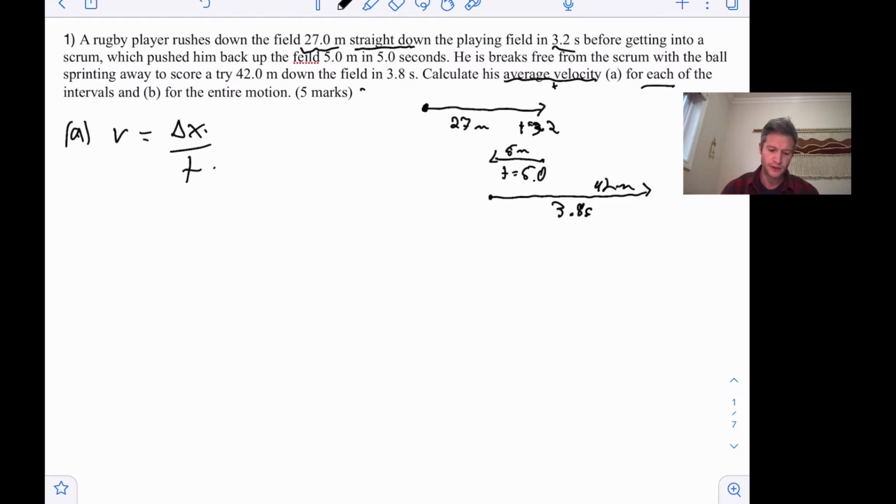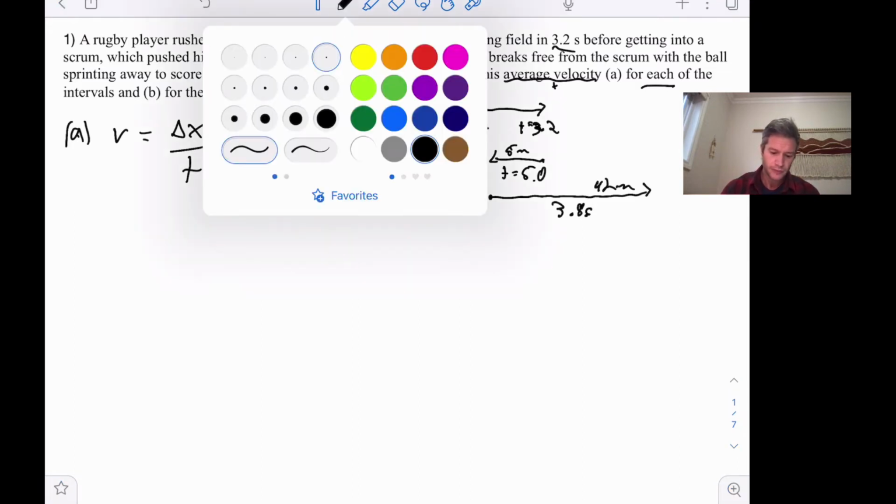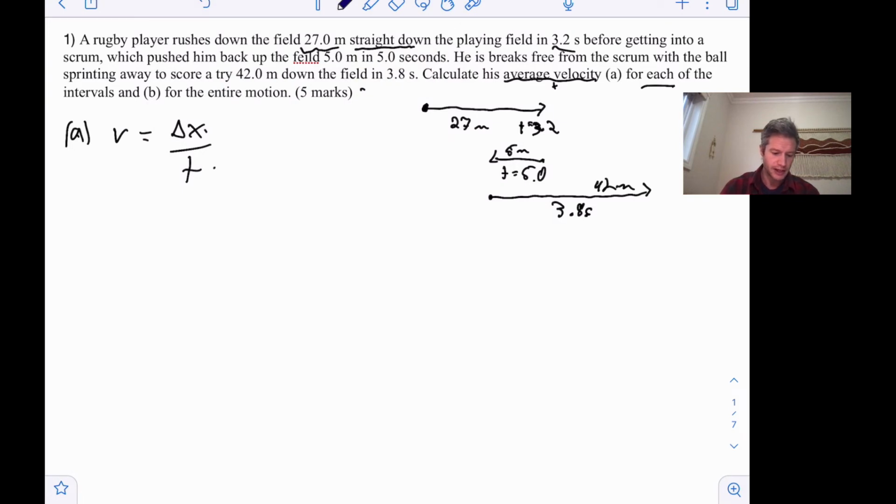So if we need to do it for each interval, we're going to apply this first equation here to each of the segments that he ran. So we can potentially even just call this segment 1, segment 2, segment 3. Okay. So for number 1, our change in displacement is 27 meters.